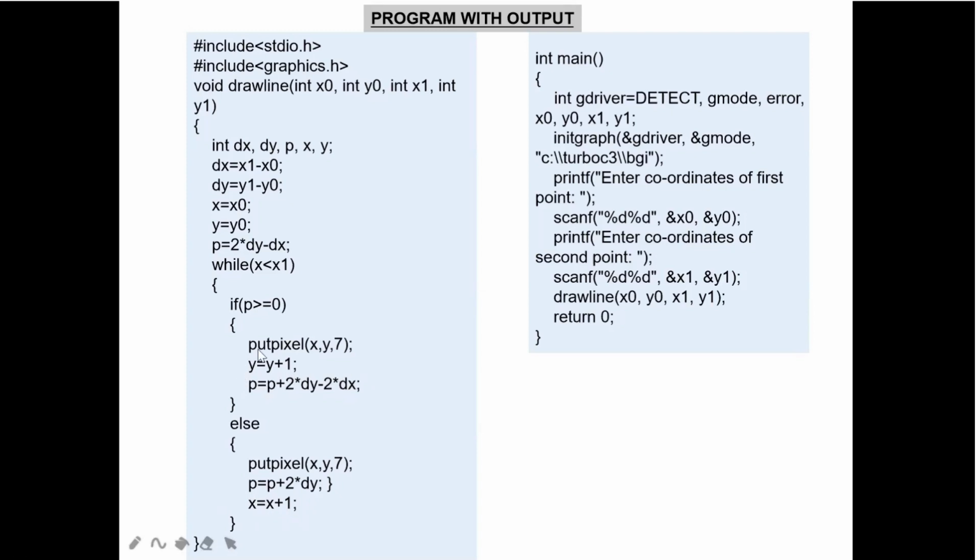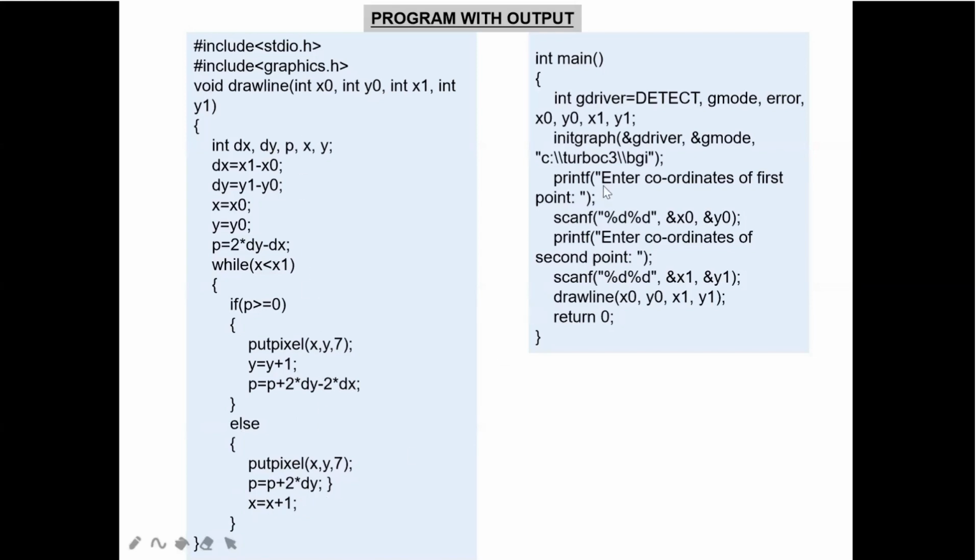You can ask me why we have not written the x value as incremented: because here it is already in the incremented state, so there is no need to write it inside the formula. Even if you write it directly, the previous value will also be taken. But here it won't, because it is in the else part and we are specifically writing that we are not calculating for the y part, so it will be constant. So this is your formula.